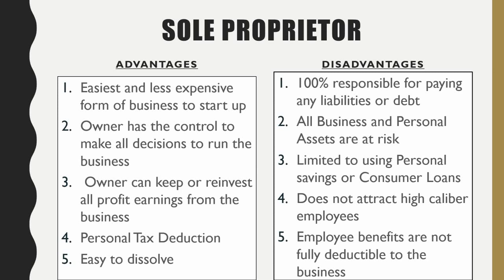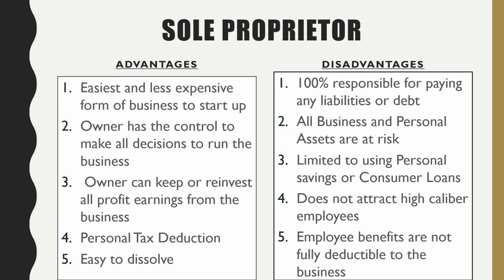You want to buy this, buy that, you have full legal rights to do whatever you want. That's the good thing, because not many individuals like to be told what to do or have decisions made for them. They want to make all the decisions.